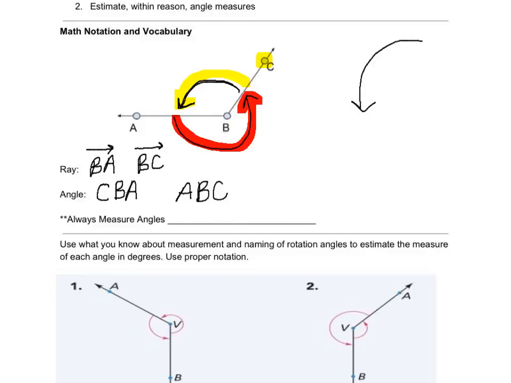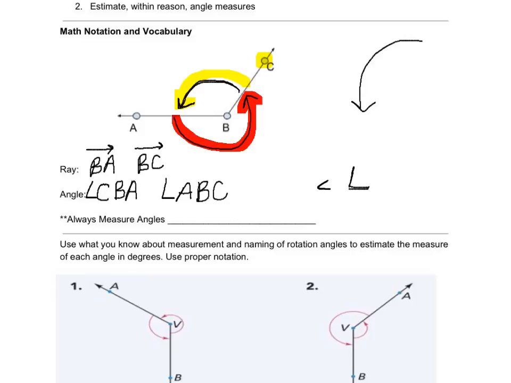Now angles also have a proper notation, and it looks very similar to a less than sign, but it's a little straighter, where I have angle CBA and angle ABC. So that less than sign is a little bit more kind of like a sideways V, but for an angle, you've got that flat part, and then it's a little straighter up.